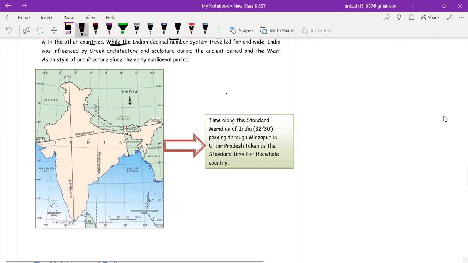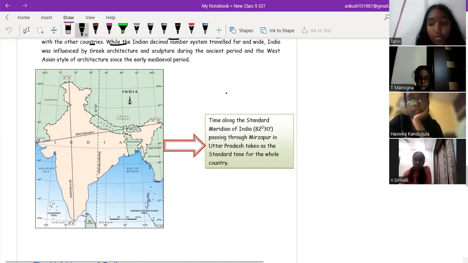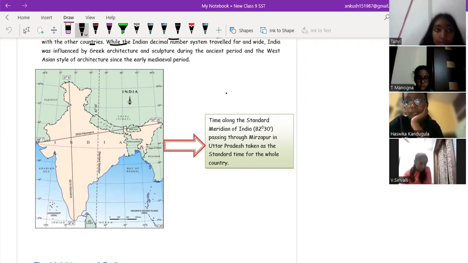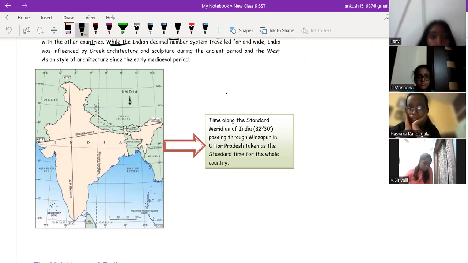On that day, I said that suppose in Arunachal Pradesh it is early morning, then in Gujarat it would not be morning, it would be dark, because there is a difference of about 2 hours.